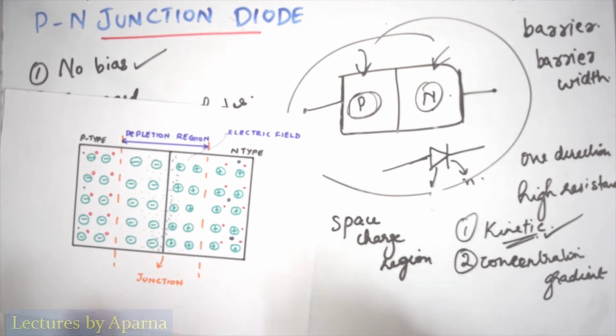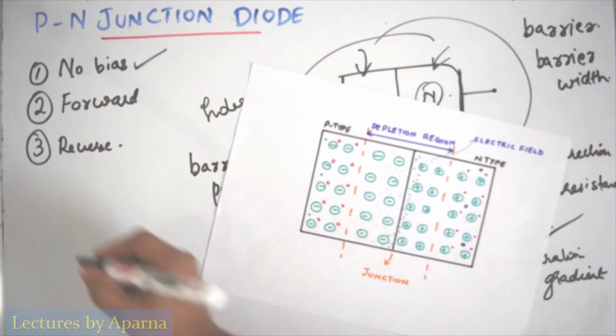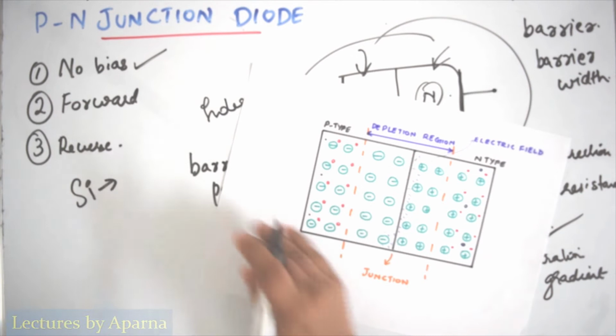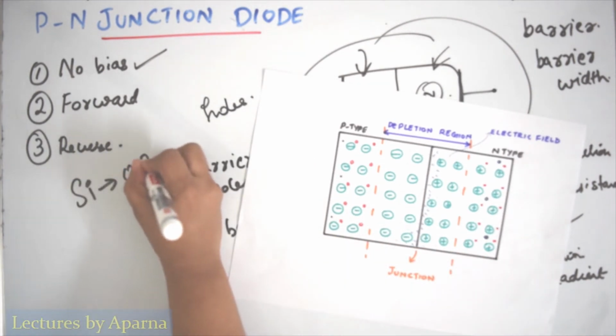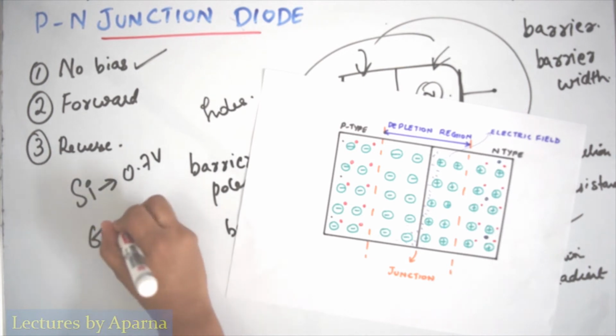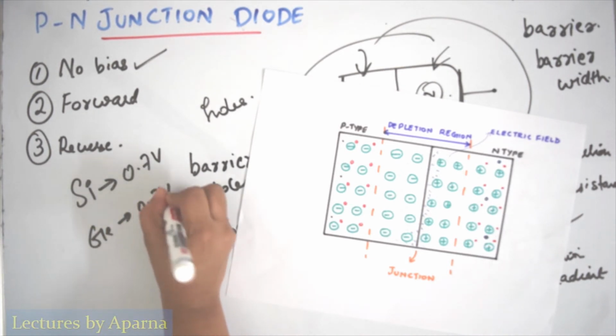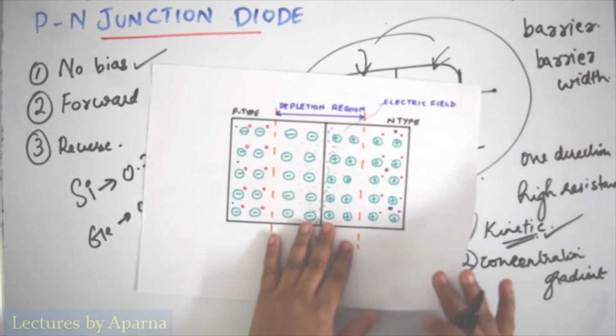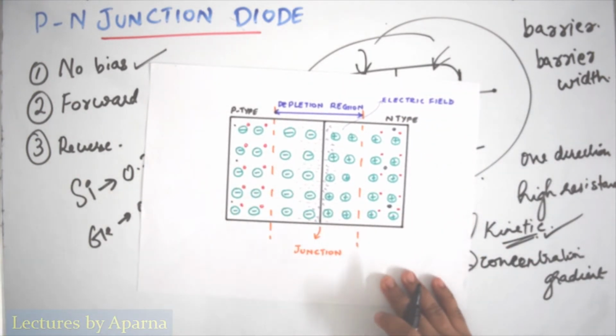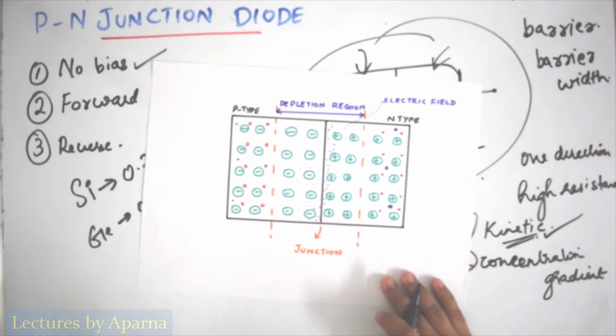Now for silicon, this barrier potential will be about 0.7 volt, whereas for germanium it will be 0.3 volt. Now we saw what happens with the majority carriers.